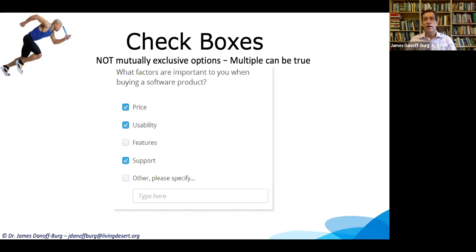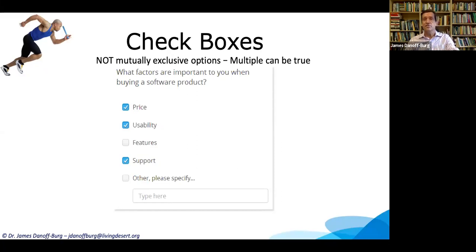Are you a man and a human? Because it wouldn't tell you much with the second one, right? So try to have your items be most useful and most informative from the perspective of your participants. Okay, so that's checkboxes.